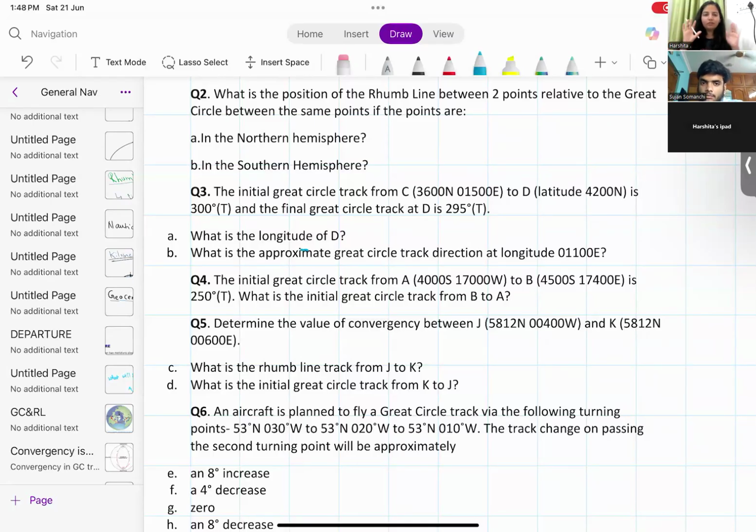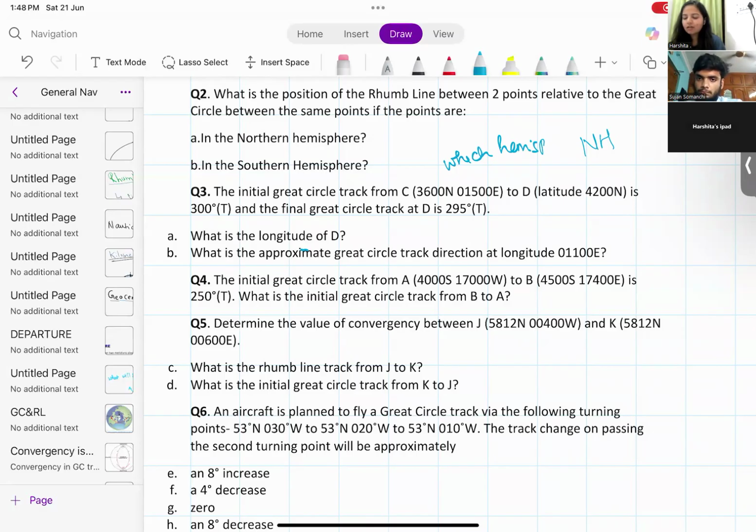First, the first question you have to ask in the questions of convergency is which hemisphere? Where are you? In the northern hemisphere. Good.